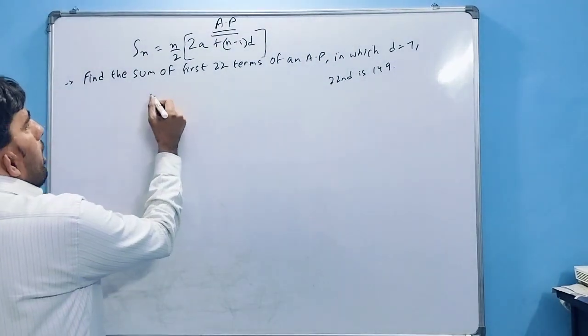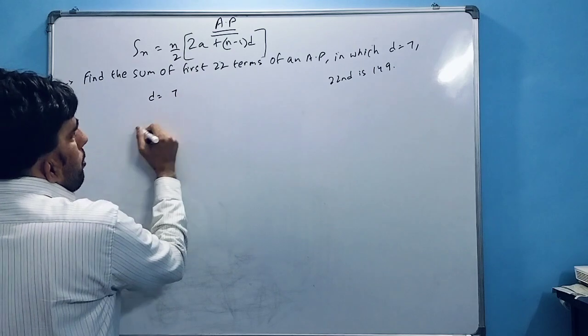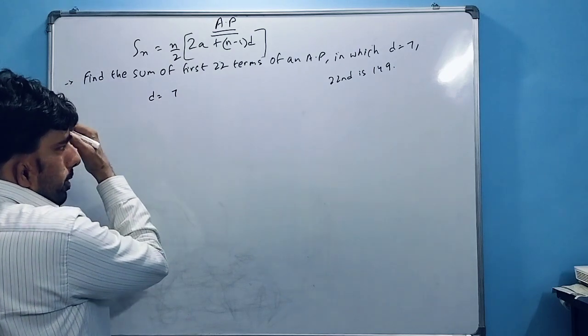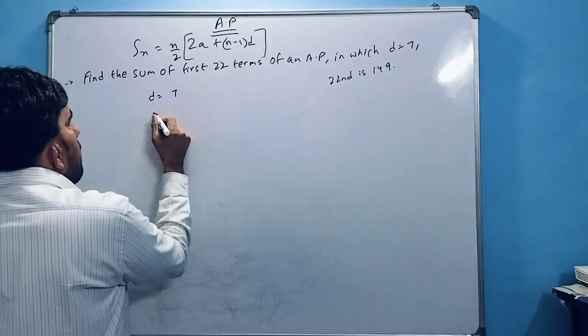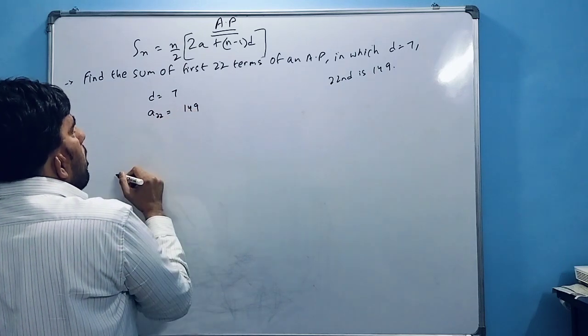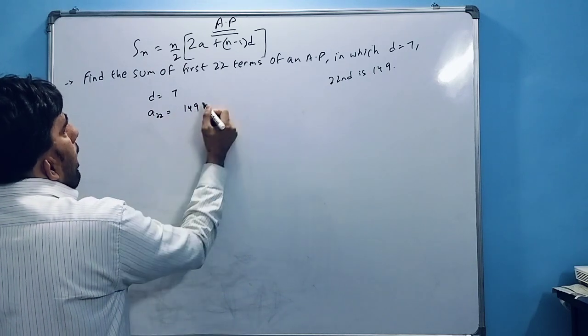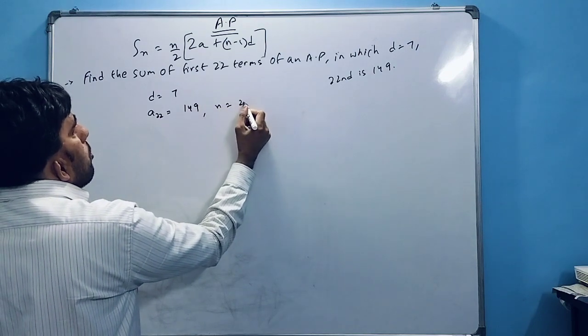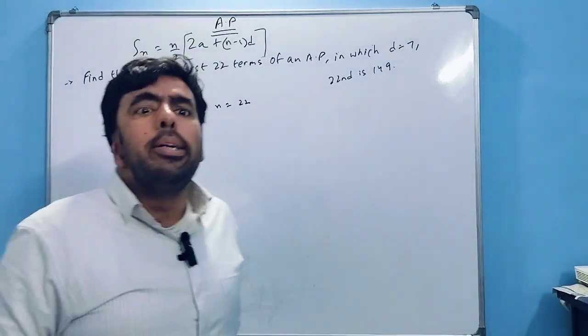So see, we have d is equal to 7, a22 they are saying is 149, and n we have 22. So we need to find S22 here.